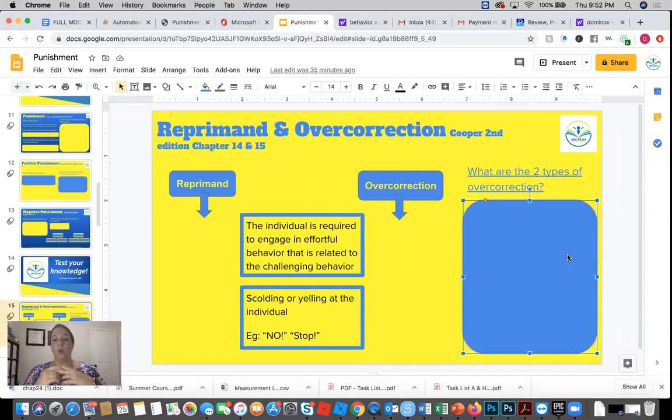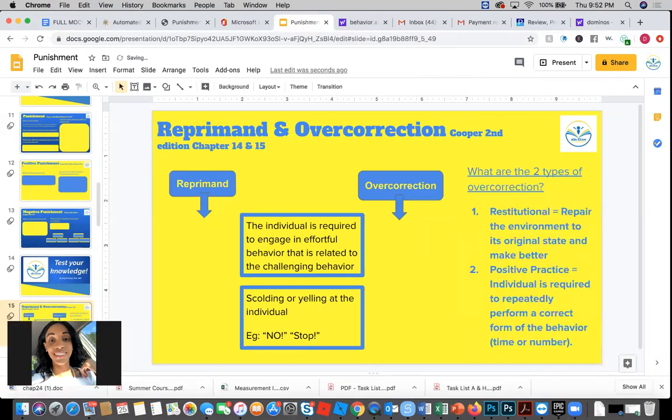You said everything perfectly fine, but with positive practice, it could be either 30 times or 30 minutes. The biggest thing is it's either time or a number. So you can say, Johnny, you're going to write your name for 5 minutes, or you're going to write your name 5 times. So it can be either or.